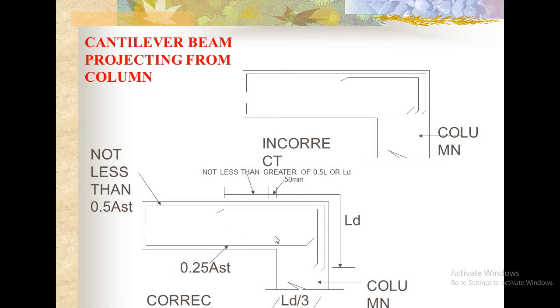Only then will this junction attain sufficient strength. Otherwise, the reinforcement inside the beam won't have sufficient bond strength. So extending the reinforcement inside the beam into the column is very necessary to ensure the strength of this junction.